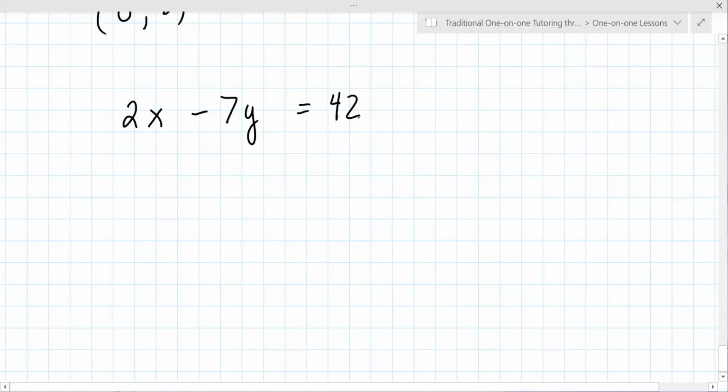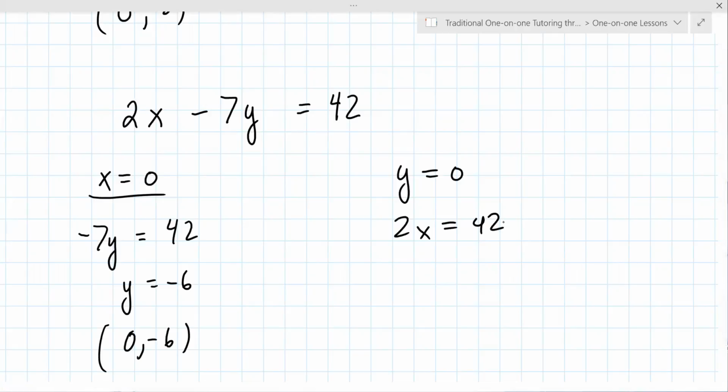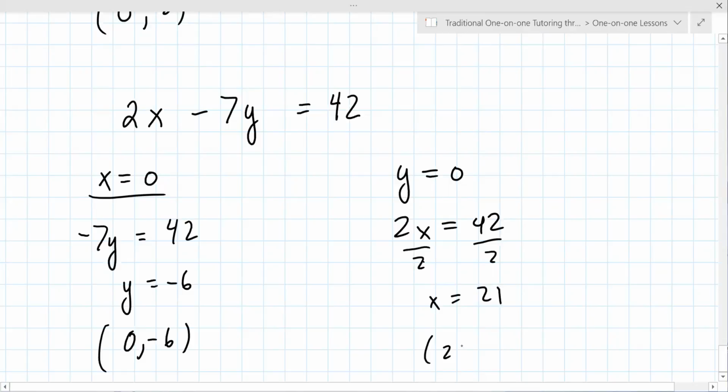So when x is 0, y is negative 6, so 0 comma negative 6, good. And then when y is 0, 2x equals 42, and you divide by 2, x equals 21. So you have 21 comma 0.